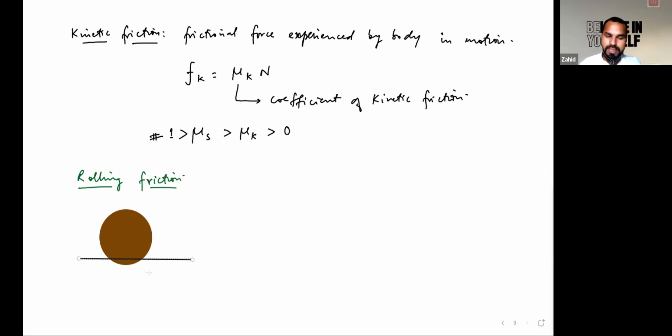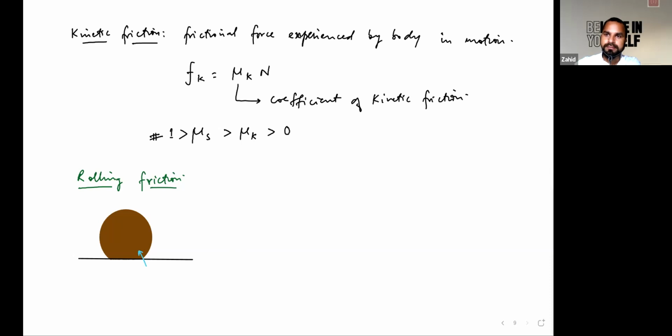If the track is more rigid compared to the wheel, the wheel will get deformed by this much amount due to the track's rigidity.